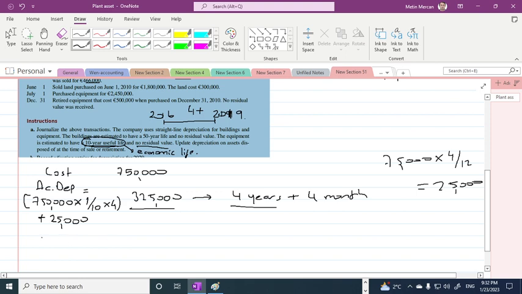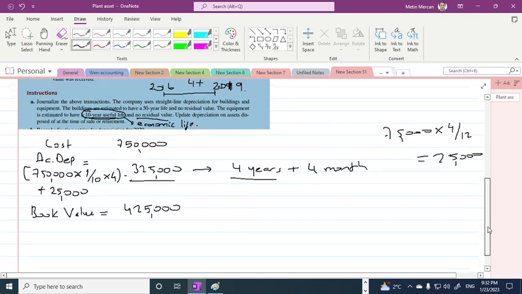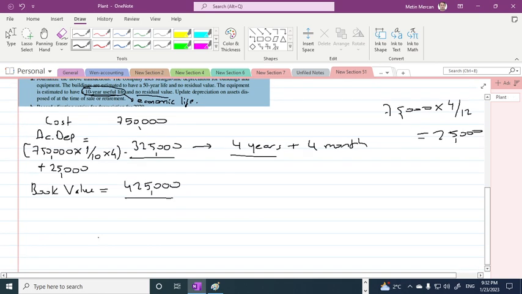So then if you do that, you find the book value, right? Book value. This will be $425,000. Now the book value on May 1, 2020.